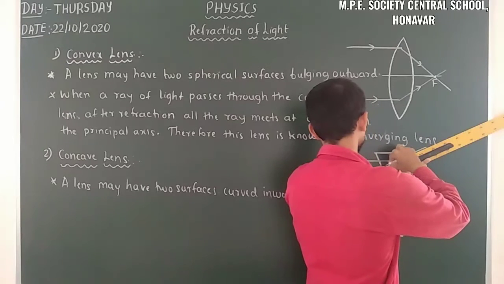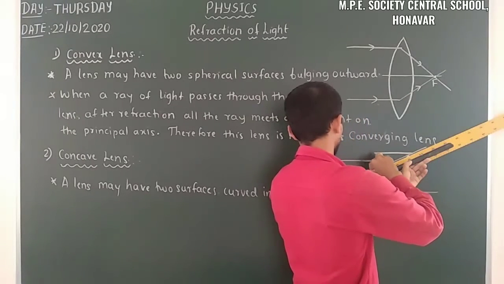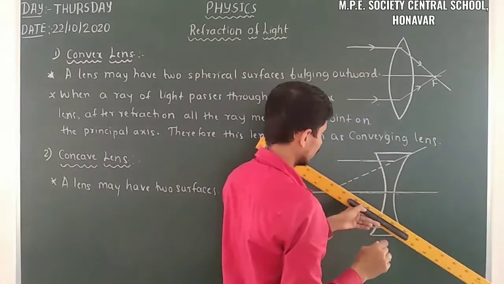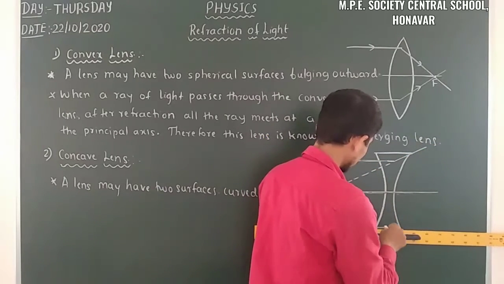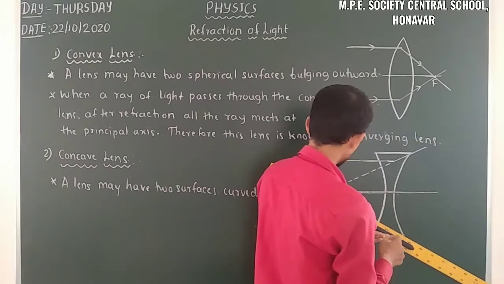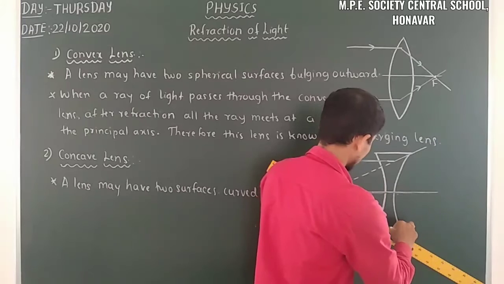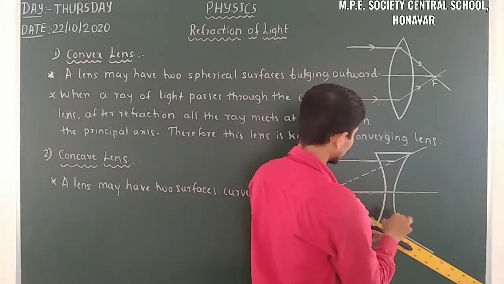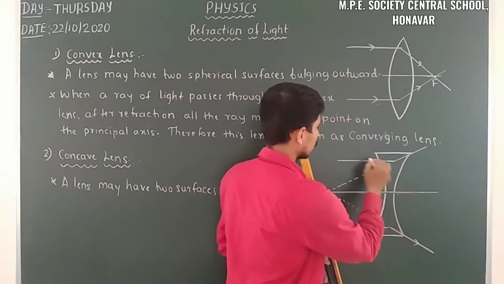So that means here we have to produce backward here and here also. Here also we have to take the same thing. It is diverging from the principal axis and appears to meet at a principal focus.